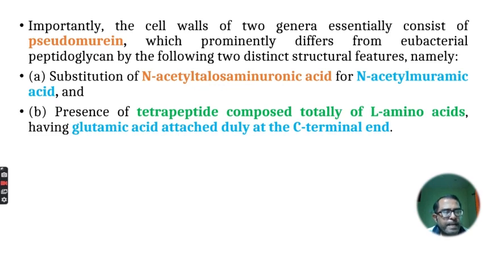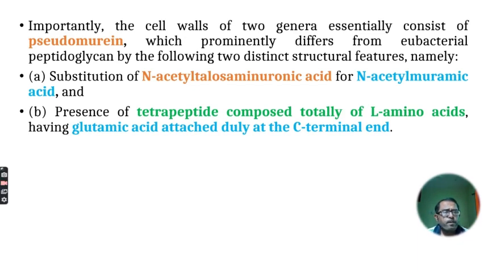Now in case of eubacteria, there is a presence of N-acetylmuramic acid in the peptidoglycan layer. But in case of extreme halophilic bacteria, there is a presence of N-acetylaminouronic acid. This is the component which is present in the cell wall of extreme halophilic bacteria.